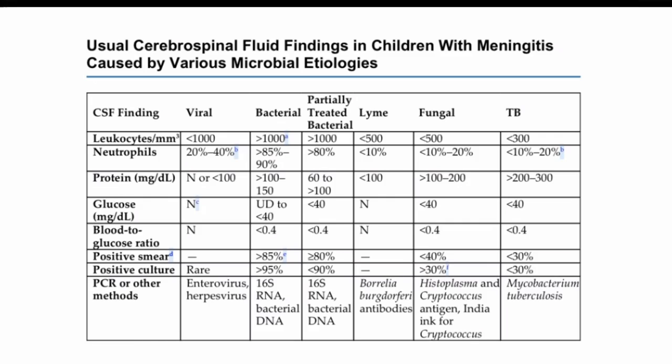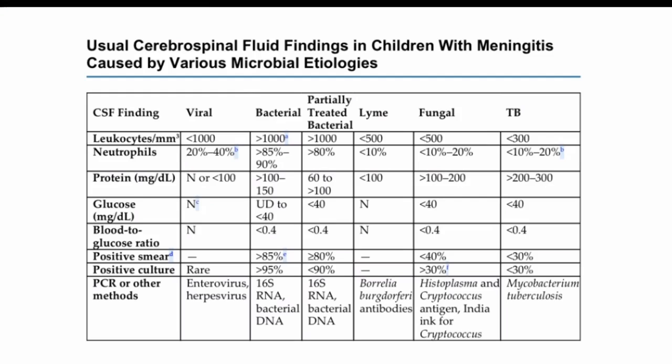So what do you think about white blood cells? What is the first parameter that will be corrected with partially treated meningitis? Culture. So the first parameter is the culture, and the culture will be negative. White blood cells, you still have some high white blood cells.